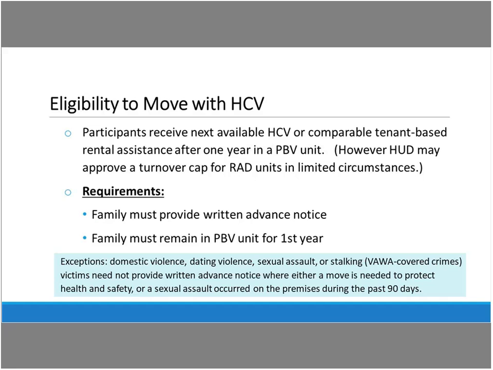So if I live in a project-based voucher unit and I identify to the housing authority that I want to move after I meet applicable rules, then I would move to the top of that list. I must give my notice in writing to the housing choice voucher administrator, and I must have lived in that unit for a year to be eligible.